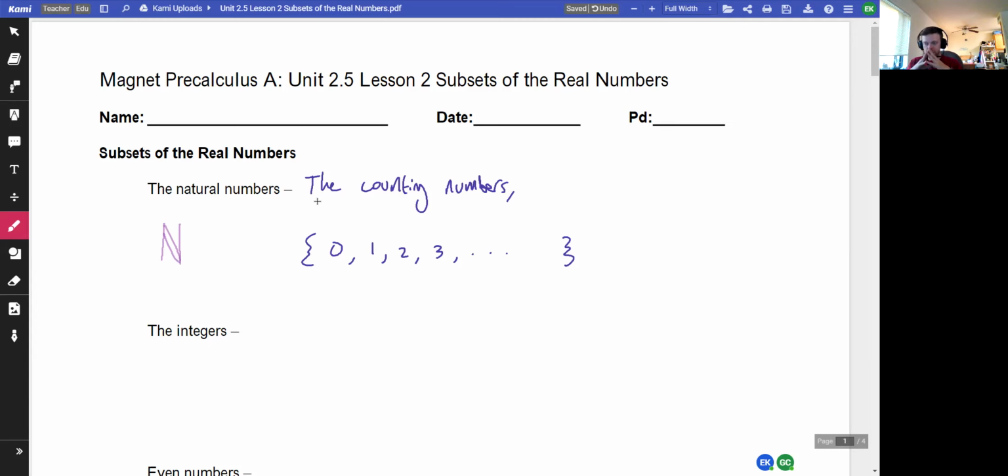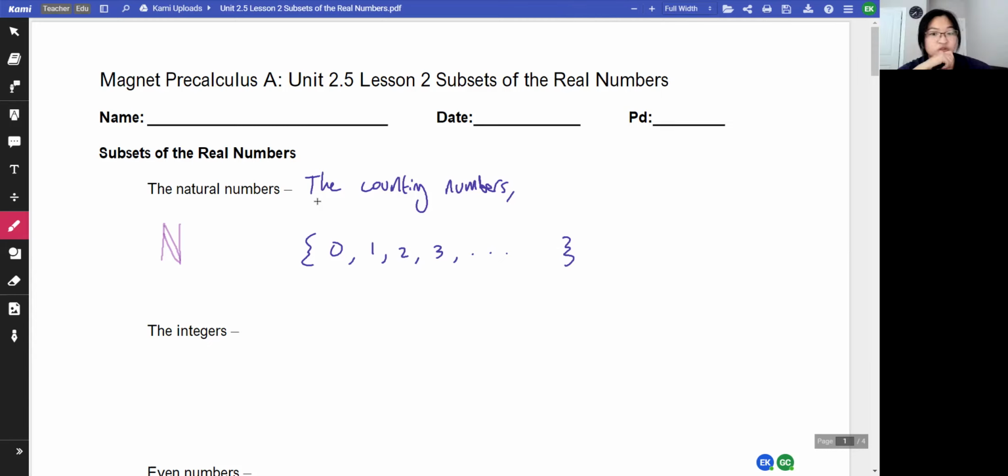Now, what I am going to challenge you to do, and this is a little bit finicky, we're going to be a little bit loosey-goosey with this, but I want you to use the natural numbers to now define the integers. Well, can we say that integers are the natural numbers and the negatives of the natural numbers? Yeah. So how can we write that in set notation?